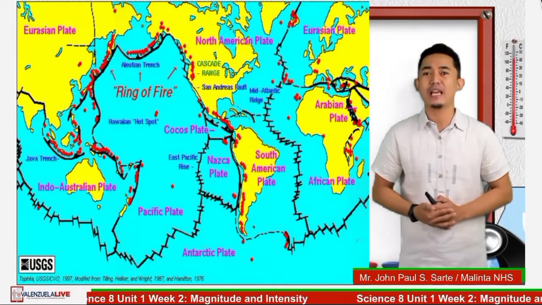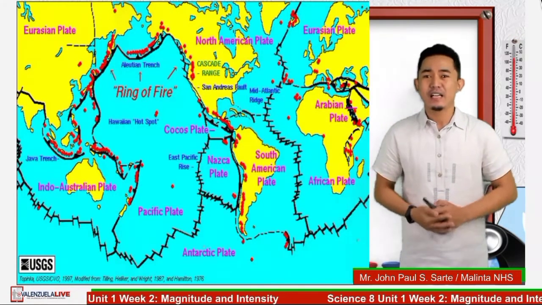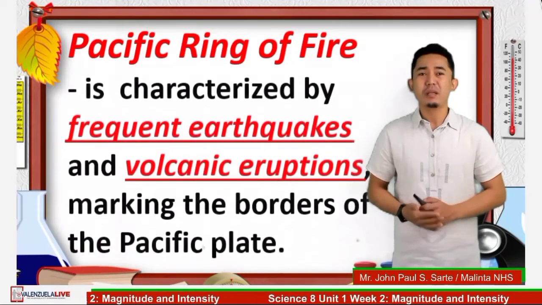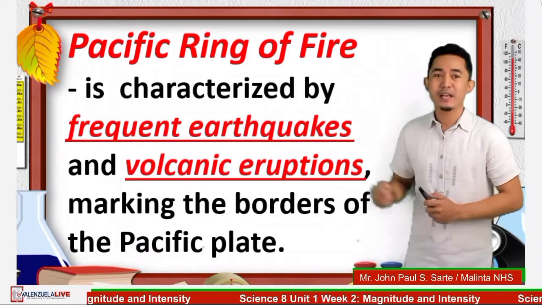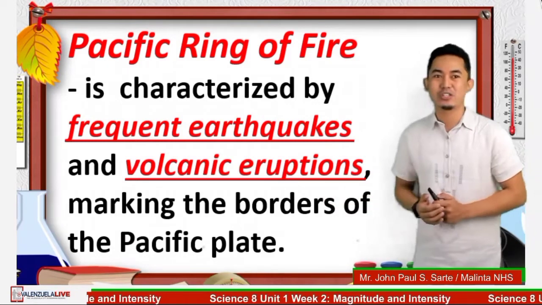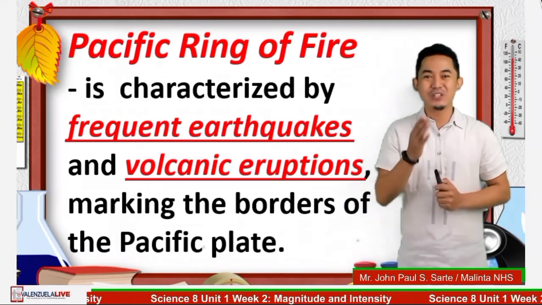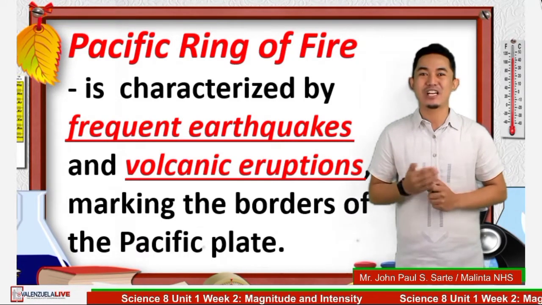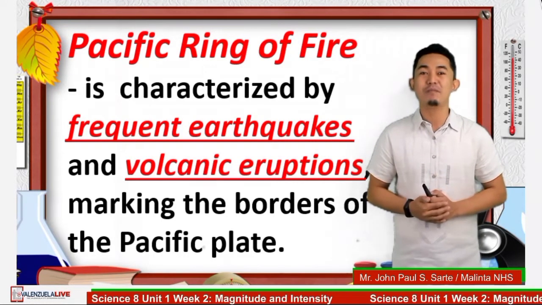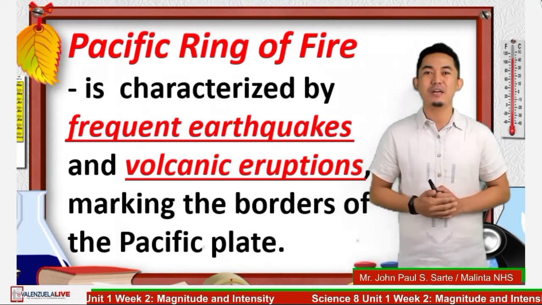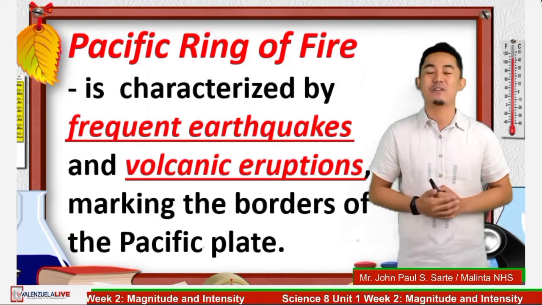And when we say Pacific Ring of Fire, it is characterized by frequent earthquakes and volcanic eruptions, marking the borders of the Pacific Plate. Do not forget those terms such as frequent earthquakes and volcanic eruptions. It will help you to remember the meaning of Pacific Ring of Fire.